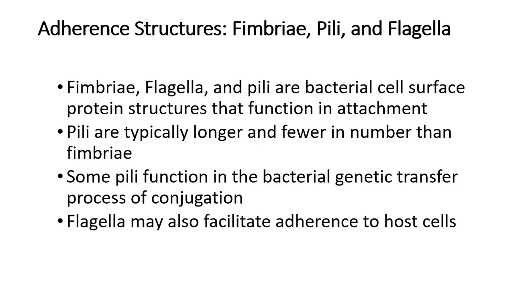All right, other things that help the bacteria attach, I mentioned already, are pili, the fimbriae, those little short hairs, and the flagella. They're on the cell surface. They function in attachment. The pili, I said, are typically longer and fewer in number than the fimbriae, but some pili function, we talked about already, as conjugation pili. Flagella help because they allow the organism to move.